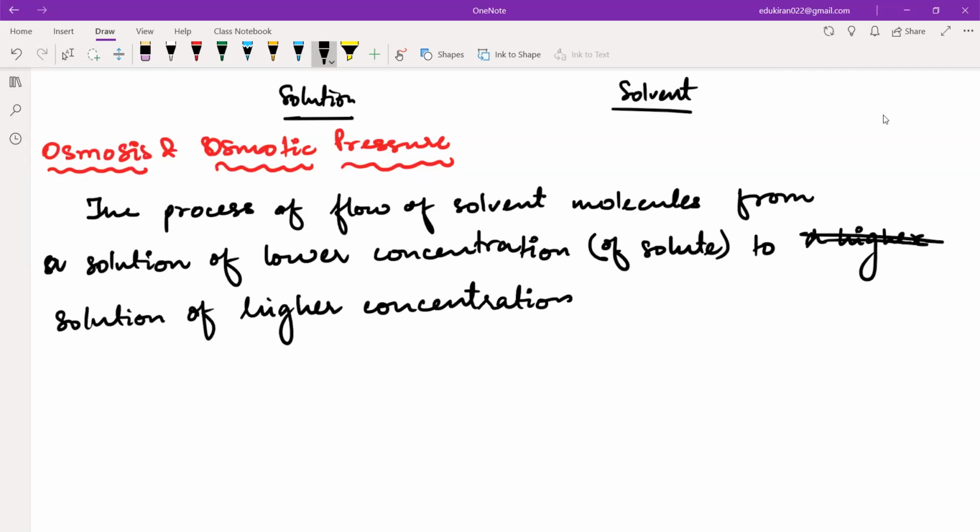Now this flow happens through a semi-permeable membrane.